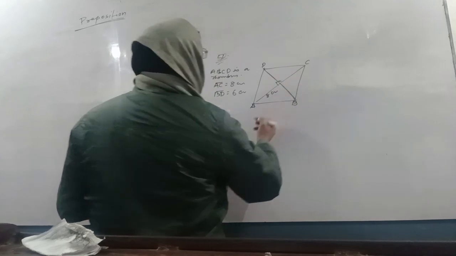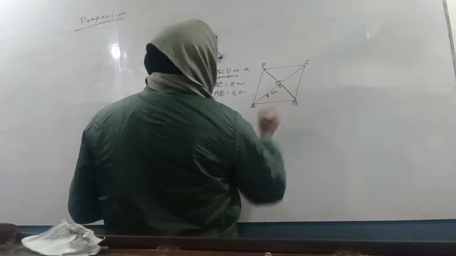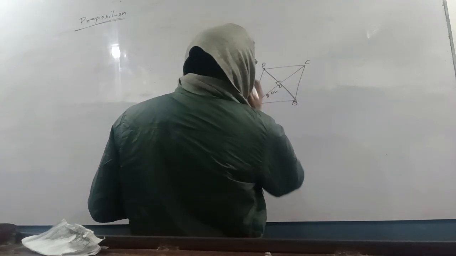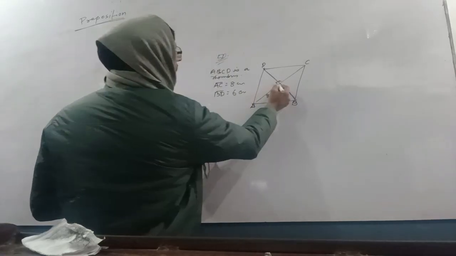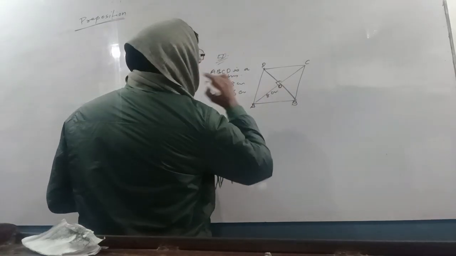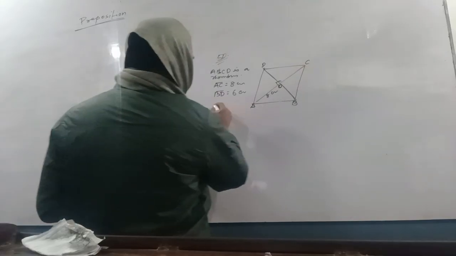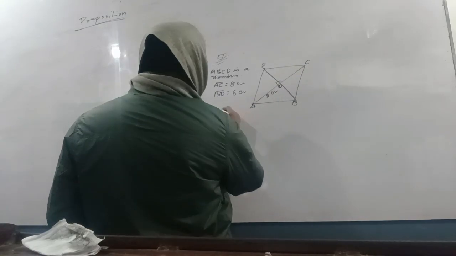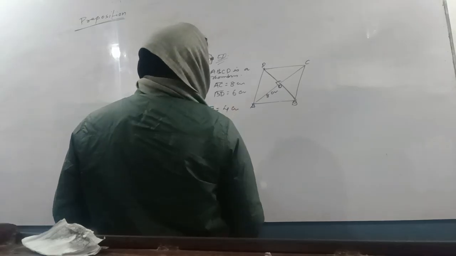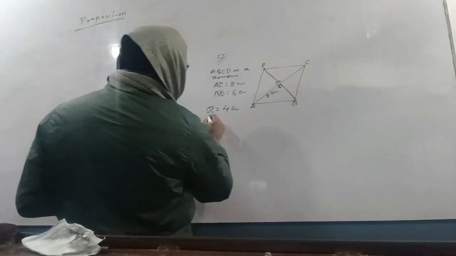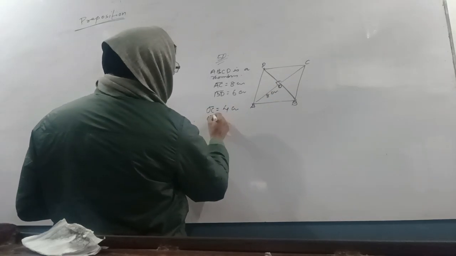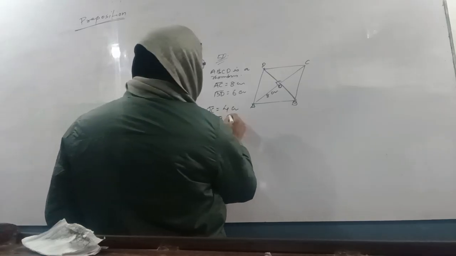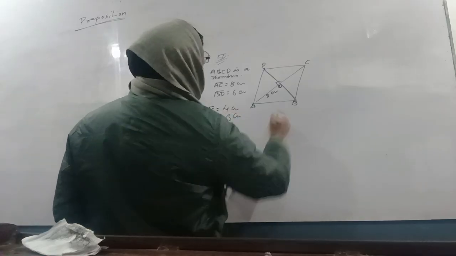So here the intersecting point of the two diagonals is O. So the length of OC will be 4 cm and the length of OD is equal to 3 cm.